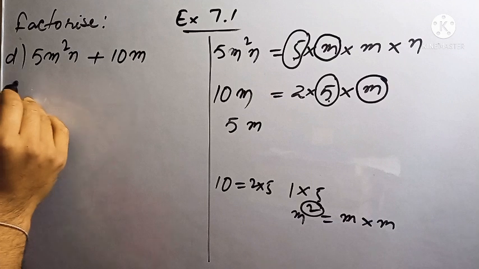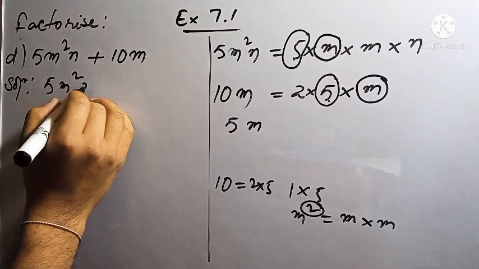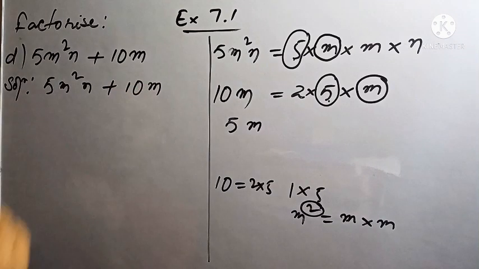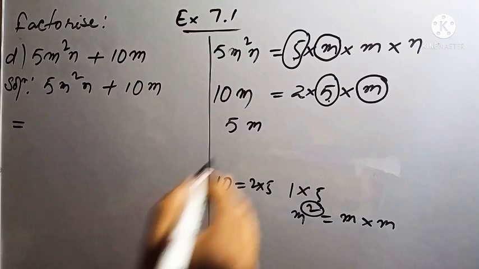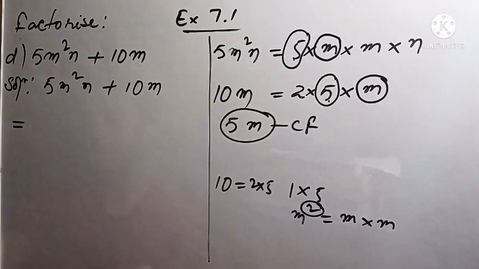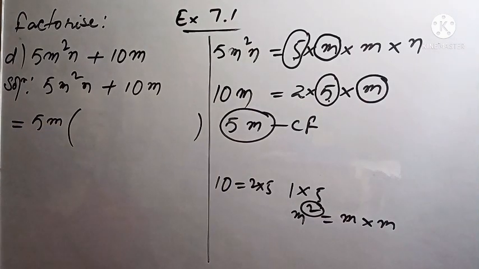Okay, so let's start the solution. 5m squared n plus 10m. From here, what is the common factor? We have the common factor, this 5m. So I'll write here 5m. What are the terms to be written inside this bracket?